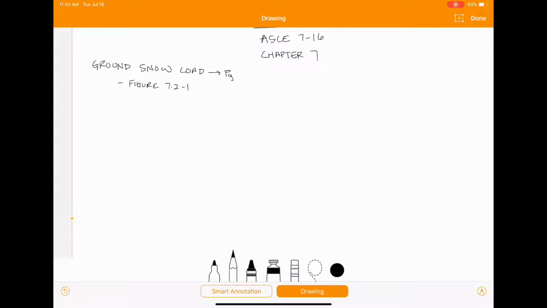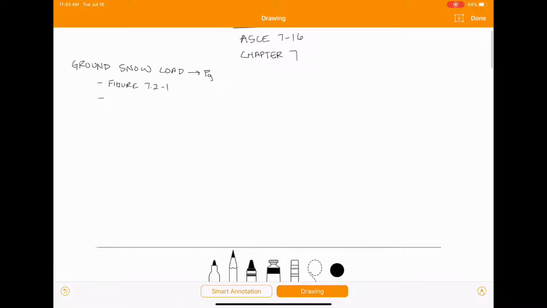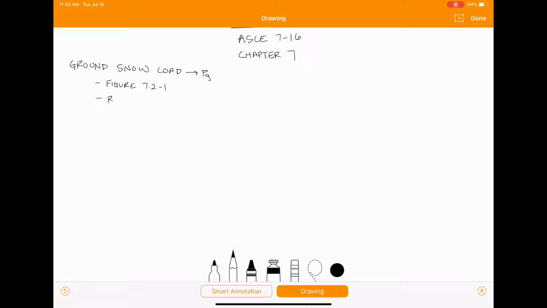Now, a couple things to point out about this map. In certain locations, there are red areas, and those indicate that the ground snow loads have been tabulated on the next few pages. And then there are also these bluish, purplish sections. They say CS in them, and that means case study.